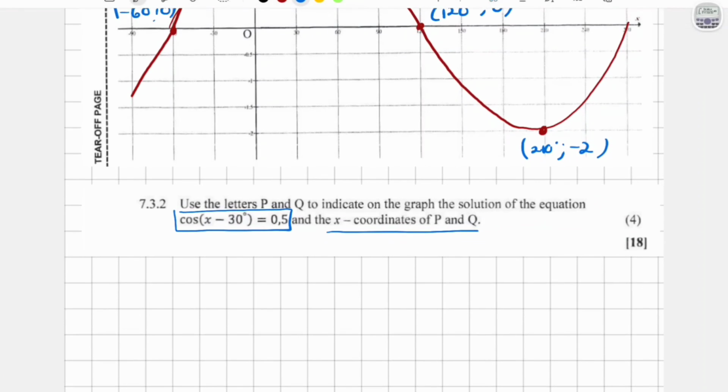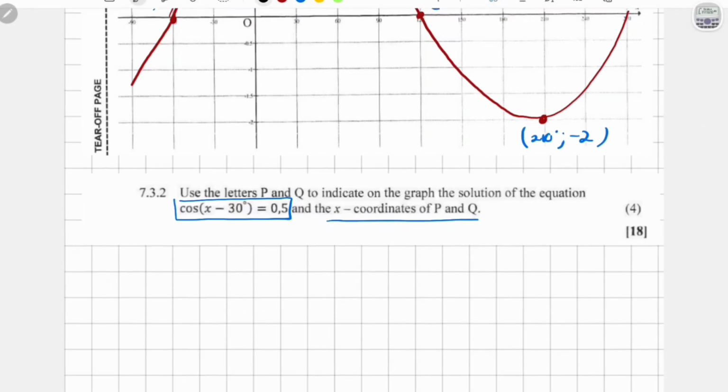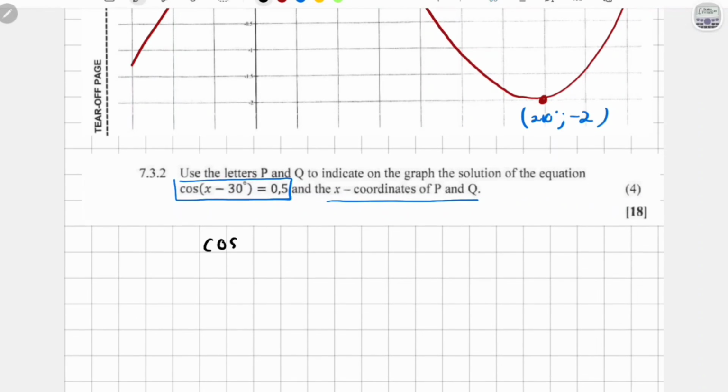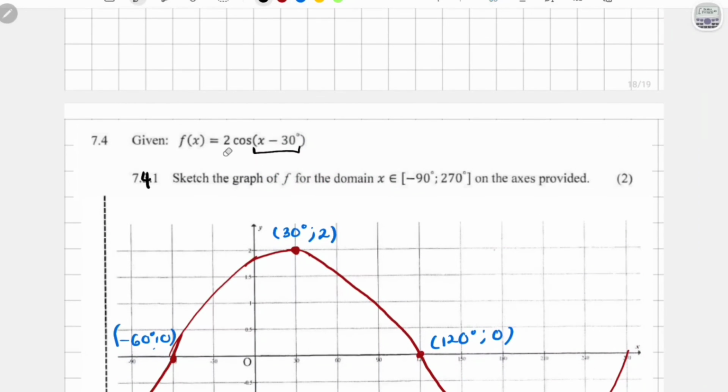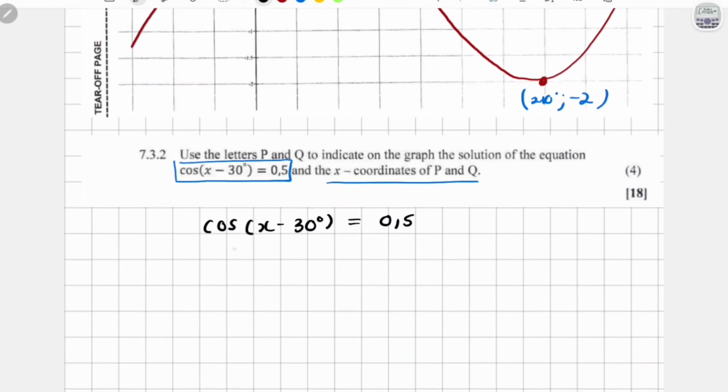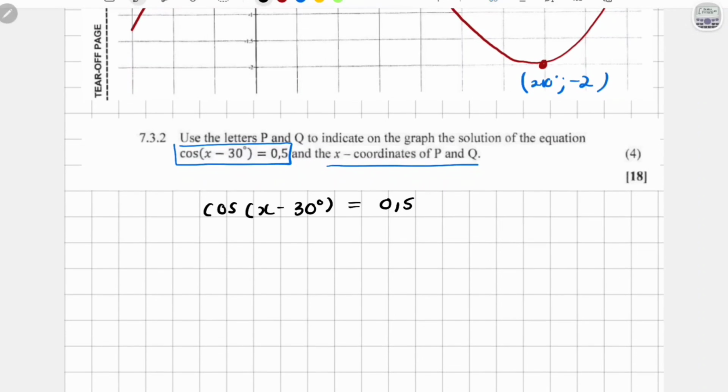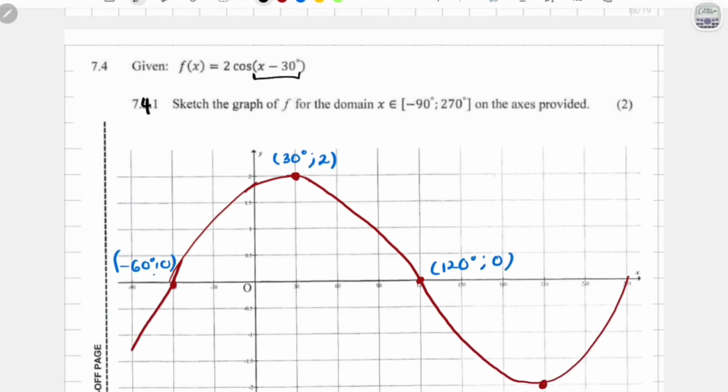So in order to do that, look at the equation they've given you. It looks very similar. It looks exactly like the other one, just there's something different. Do you see that the equation they gave us here is 2 cos? So do you see that the 2 is missing, right? So to know where it is, we can of course solve for this, but to know where this is going to be on the graph, I would actually try to turn this into this.